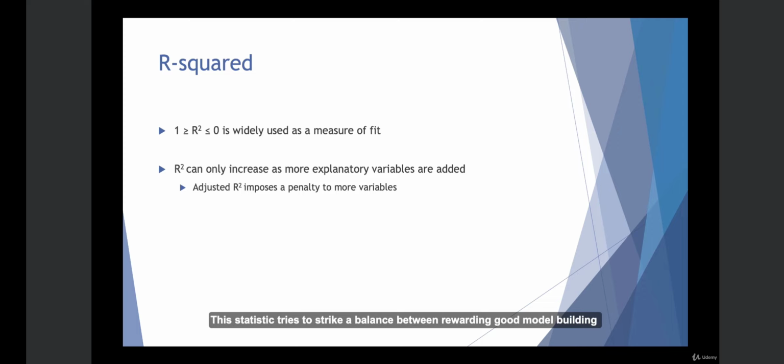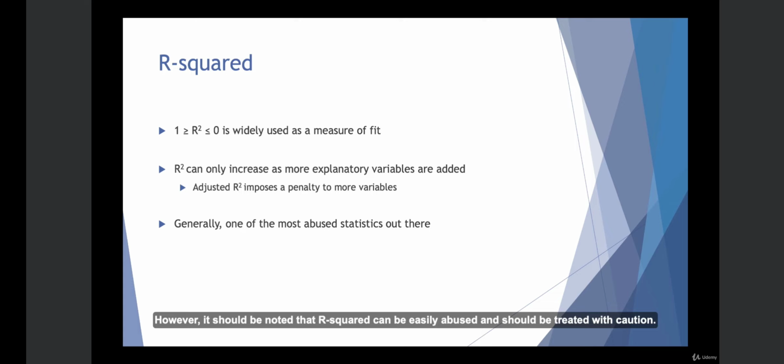This statistic tries to strike a balance between rewarding good model building and overloading models with unnecessary variables. However, it should be noted that R-squareds can be easily abused and should be treated with caution. High R-squares do not necessarily imply that one model is more valid than another.